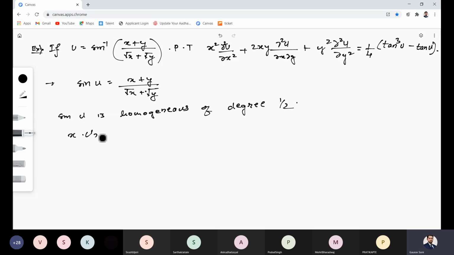So x into ux plus y into uy will be equal to 2 tan u.